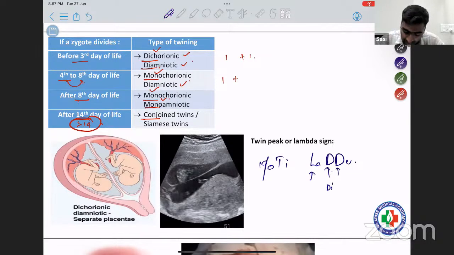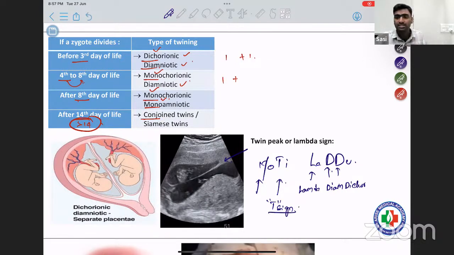In the case of dichorionic twins, you will see which sign? You will see this lambda sign. Okay, lambda sign is also known as the twin peak sign. Whereas in the case of monochorionic twins, you will see this T sign. Okay, you will see just this T sign. Okay, fine. You just remember these 2 points, it will be enough for you.